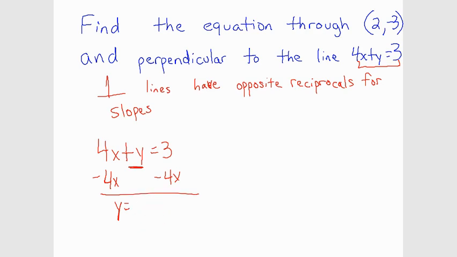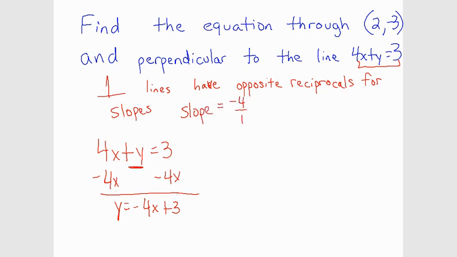Sorry, getting a little ahead of myself. -4x plus 3. Now, that means the slope, okay, so find the equation through the point (2, -3) and perpendicular to the line with a slope of -4. Let's go ahead and note that the slope is equal to -4 over 1.